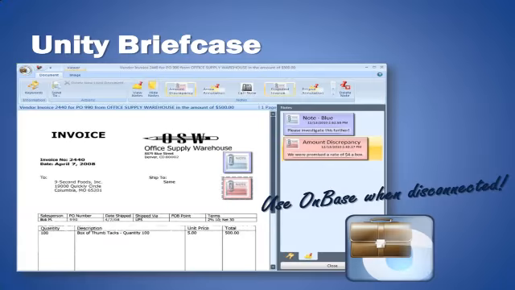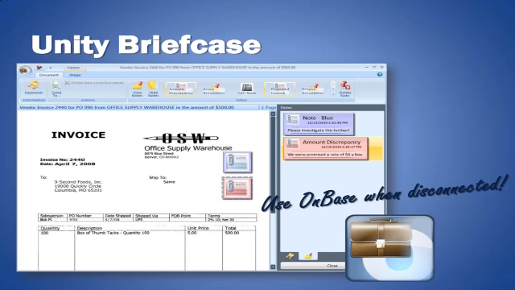The next piece of functionality, complementary to the Unity client, is the Unity briefcase. And very simply, the Unity briefcase allows OnBase users to use OnBase while they're disconnected. So I have no connectivity whatsoever. I have no connection to the OnBase application server, to the database and disk scripts, yet I'm able to take advantage of OnBase documents, forms, and features.